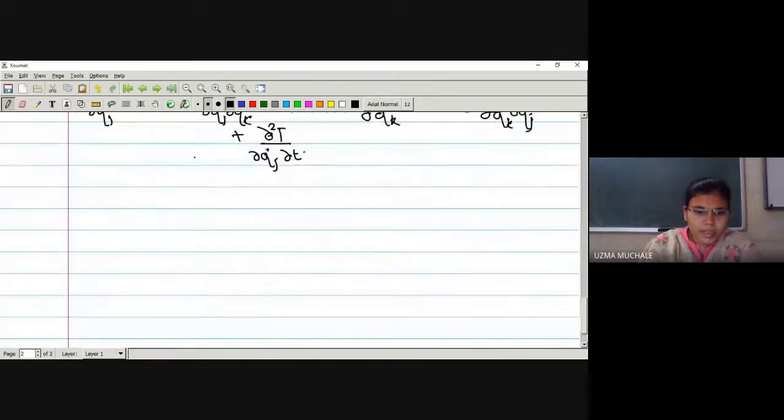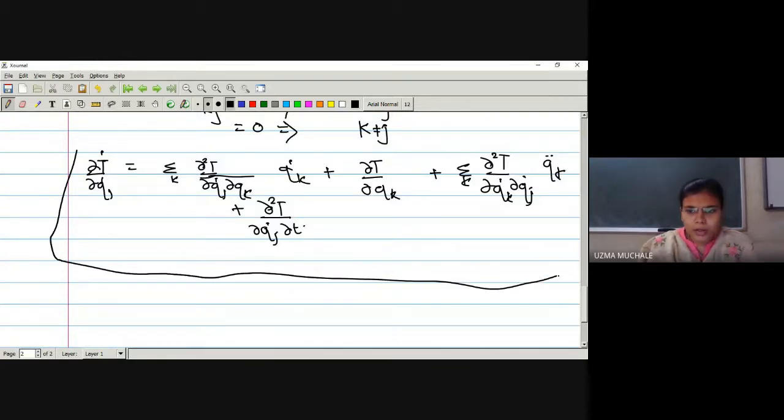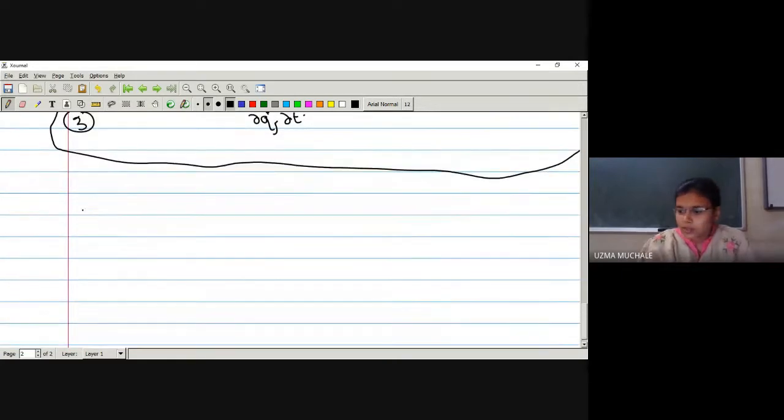We'll call this equation number 3, as in my notes. So our aim now is to find d by dt of ∂T by ∂qj dot.